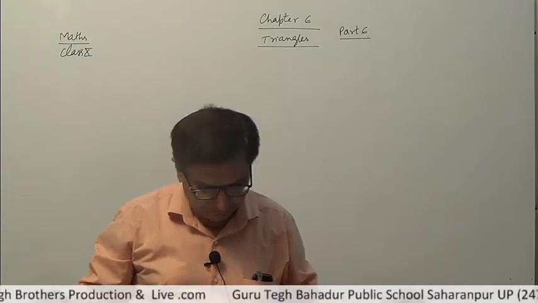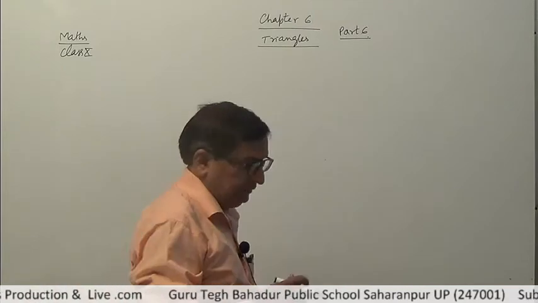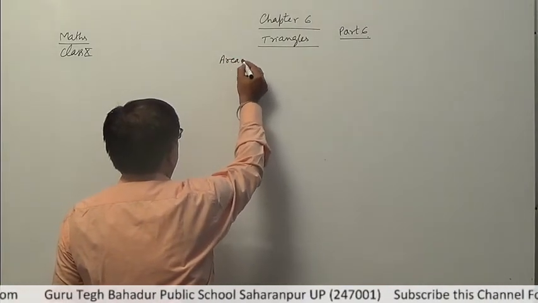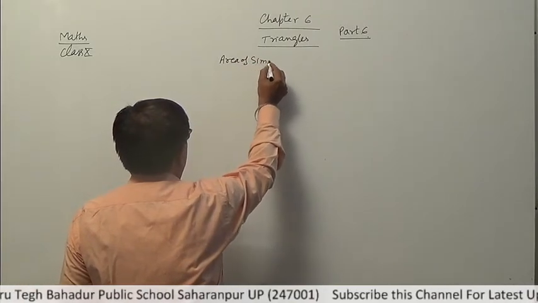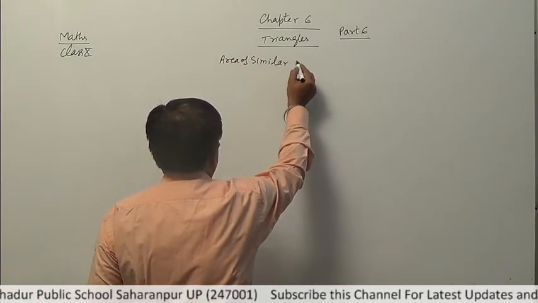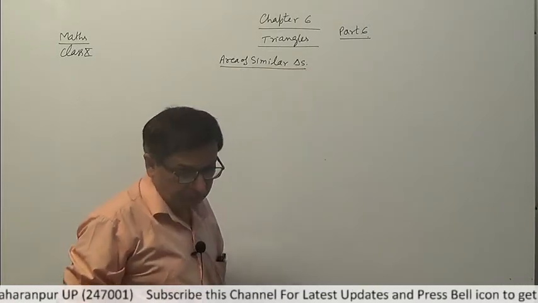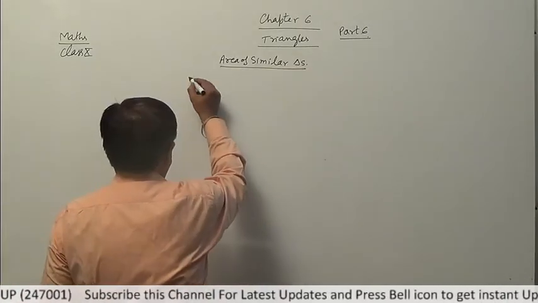Now today I am going to start area of similar triangles. Theorem 6.6.